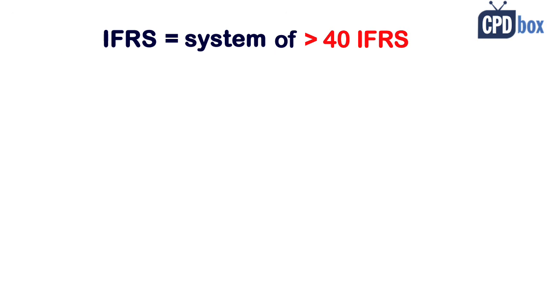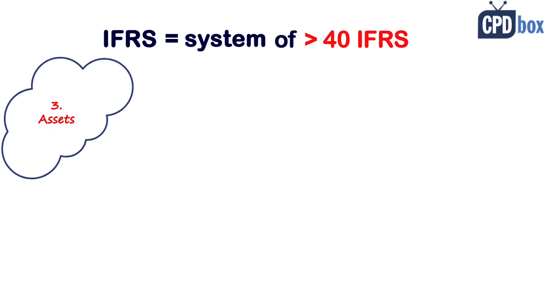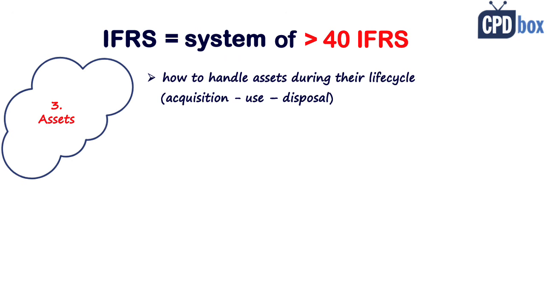Now we have cloud number 3, assets: acquisition, use, and disposal of these assets. So this cloud governs how you handle assets throughout their life cycle, from acquisition through use to disposal. It's really a big one covering a wide range of assets.